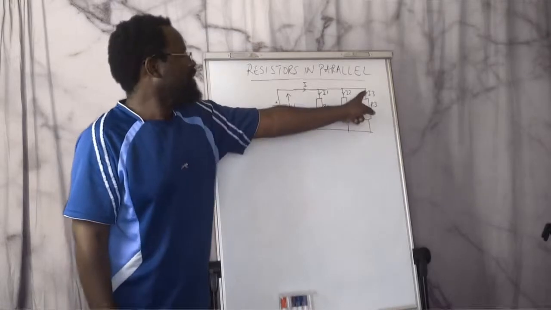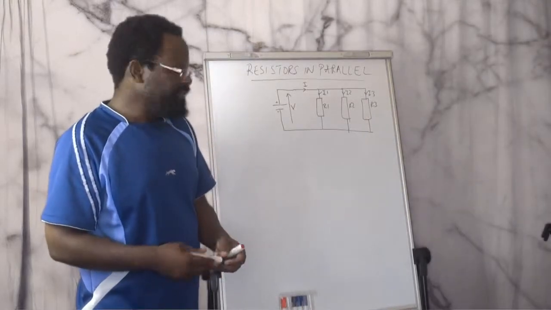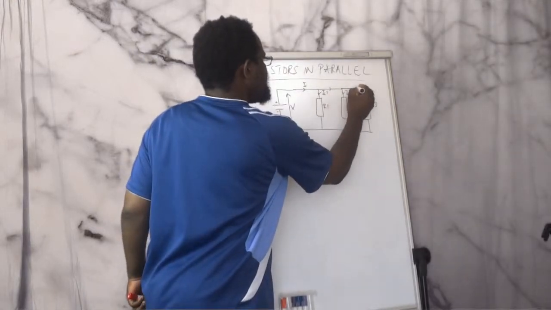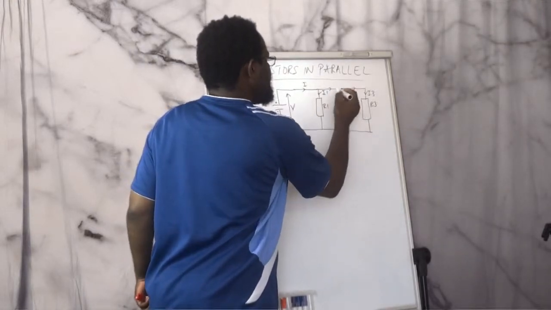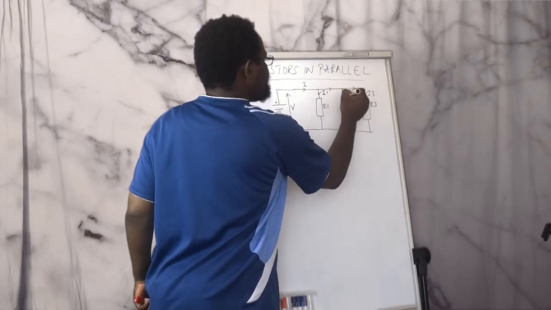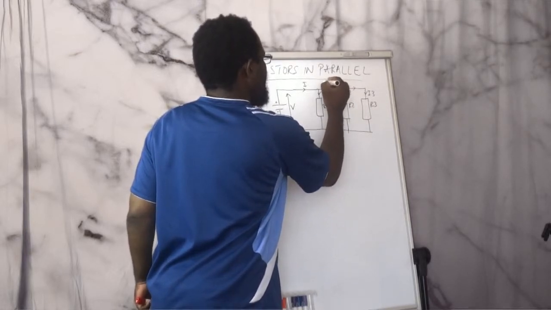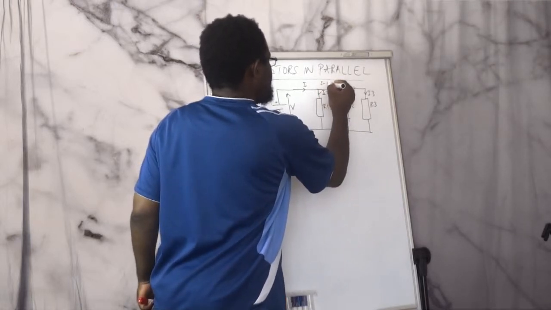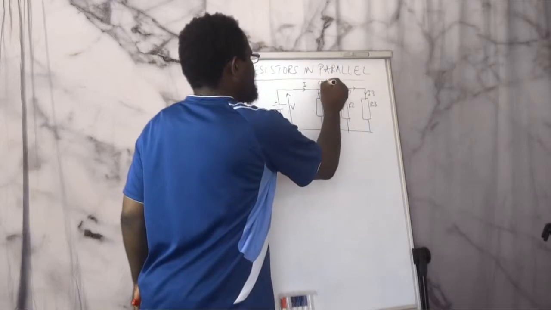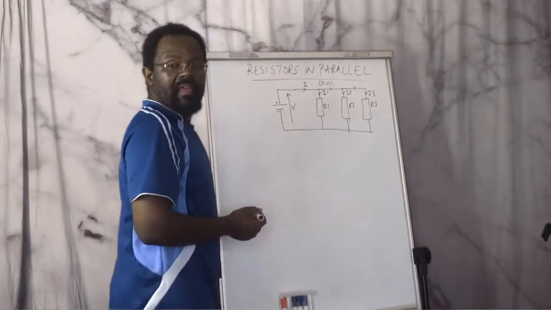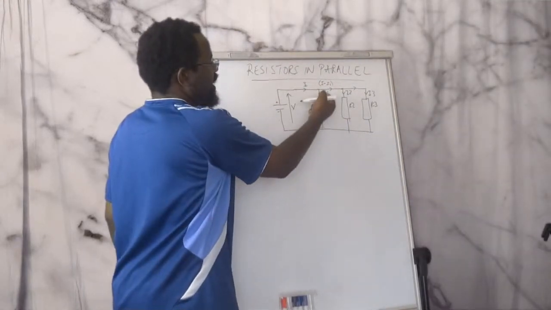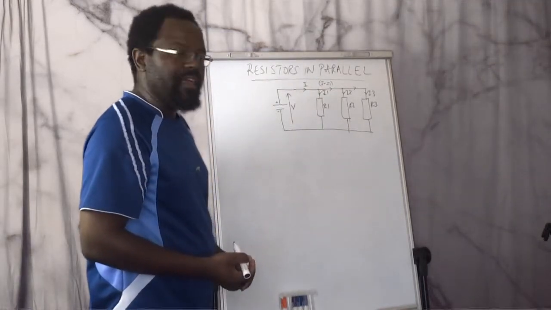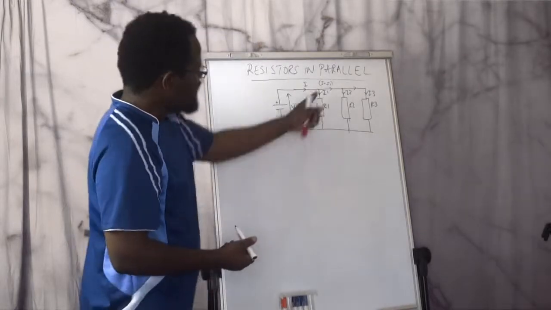The current that is flowing in this circuit is I minus I1, which is already turned into resistor 1. So that's what we have there, but that's not important.